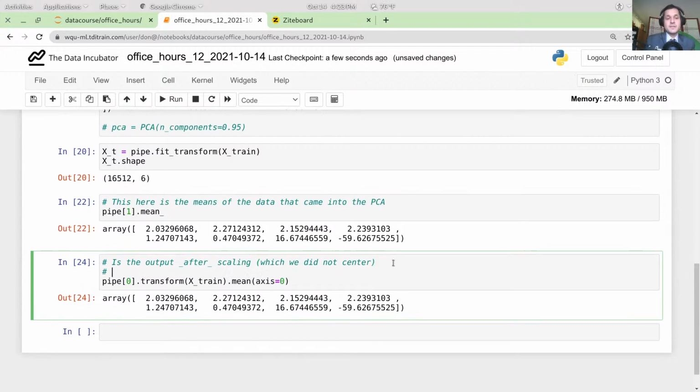And this is the mean of the data after scaling, and I guess I could have said, and before being fed into PCA.